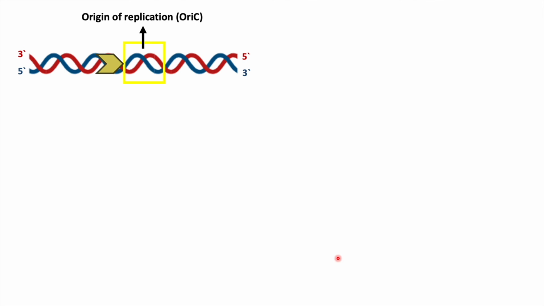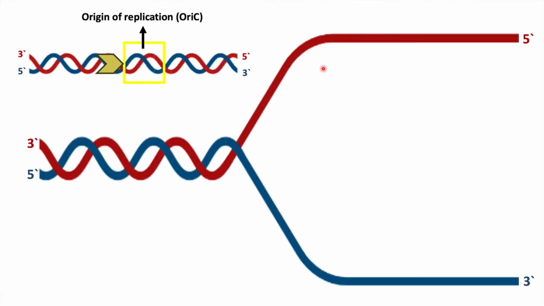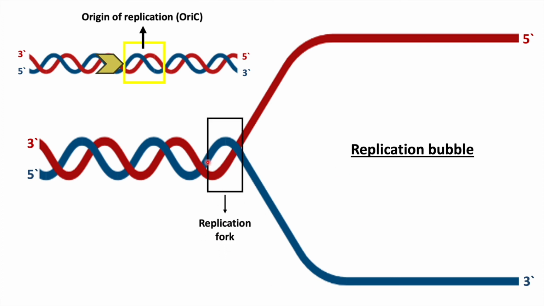So lastly, let's have a quick recap of the initial process of DNA replication. DNA replication is initiated at the origin of replication, which is enriched in adenine and thymine, and that's where the pre-replication protein complex comes in and binds, eventually forming a replication bubble, and the ends of the replication bubble form the replication fork.